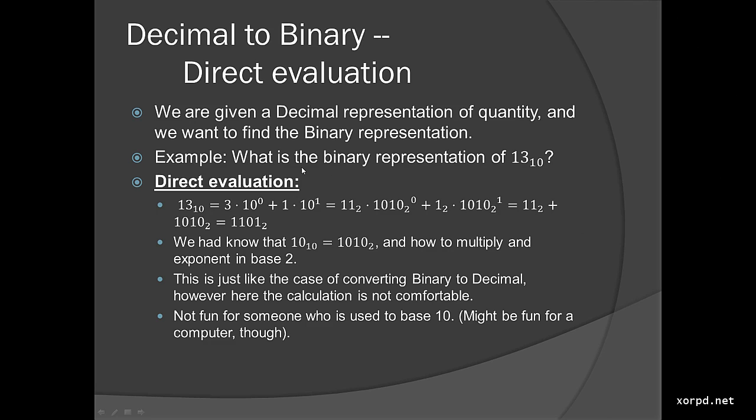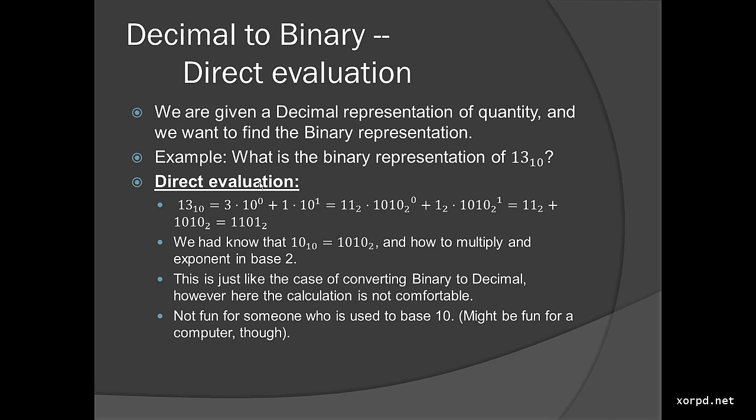For example, what is the binary representation of the number 13? The direct evaluation way would be something like this. We know that in base 10, the value is calculated in this fashion: 3 times 10 to the 0 plus 1 times 10 to the first. So, if we really want to use this method to calculate the base 2 representation, we couldn't.